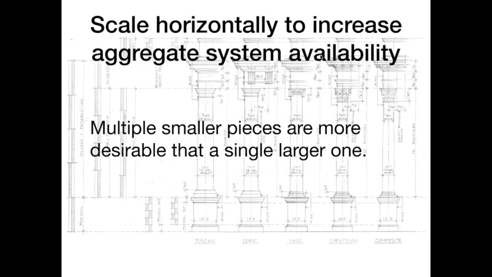This is again more just basic cloud economics: scale, have multiple smaller things instead of a single larger one, not only because it's usually cheaper, and there's a whole economic section later, but at some point your company is going to grow, hopefully, beyond a single server for any particular process or application.